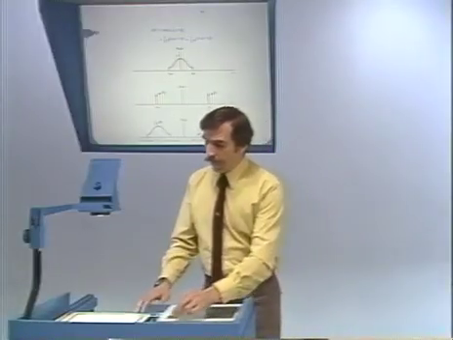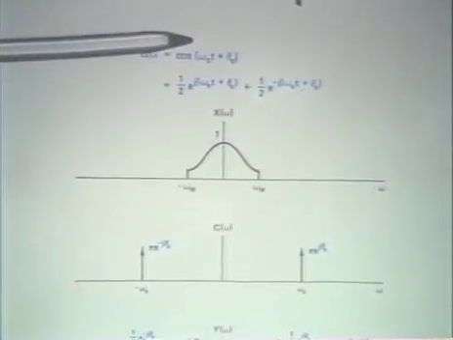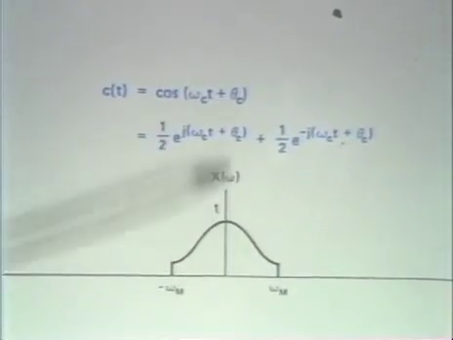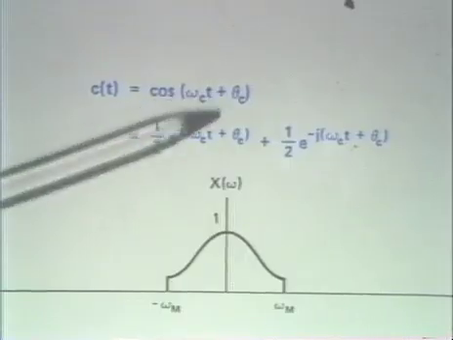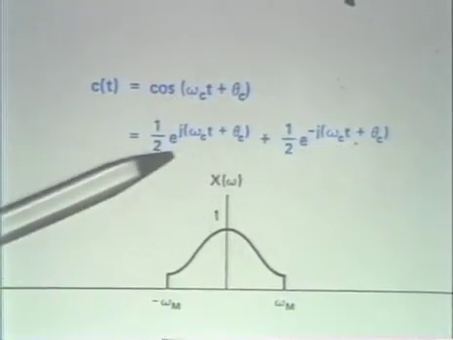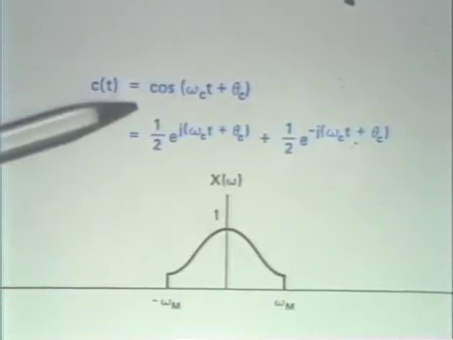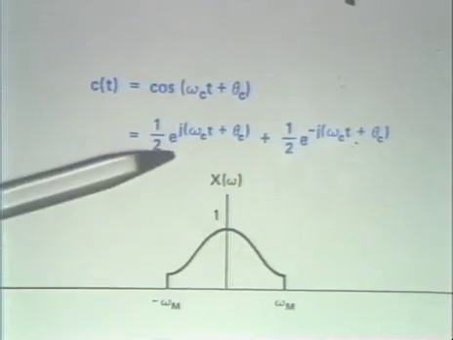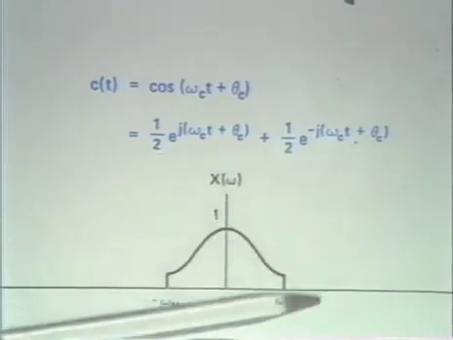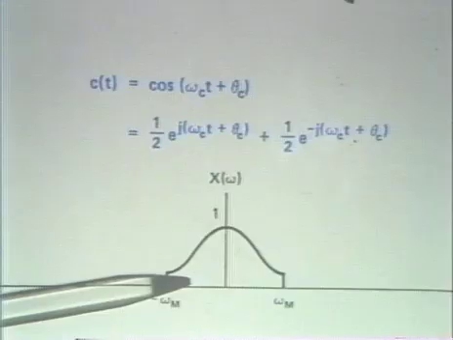So we are talking about a carrier signal which is simply a sinusoidal signal with some phase. And of course we can write that as the sum of two complex exponential signals. So when we apply the modulation property, we have the original spectrum, X of omega, and that's convolved with the spectrum of the carrier.